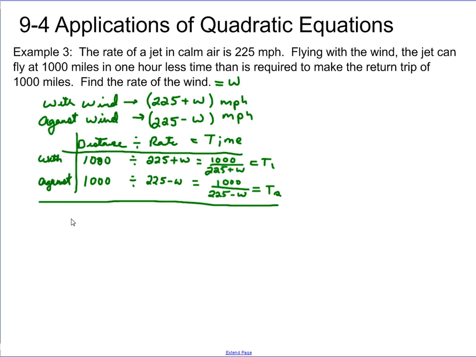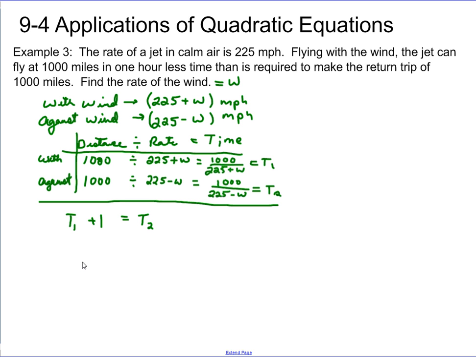Well, we do know that in these trips, if we take the time with the wind, that's T1, and we add 1 hour, we're going to get the time going against the wind. And again, think about it this way.